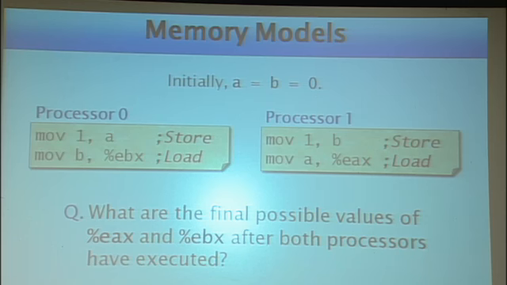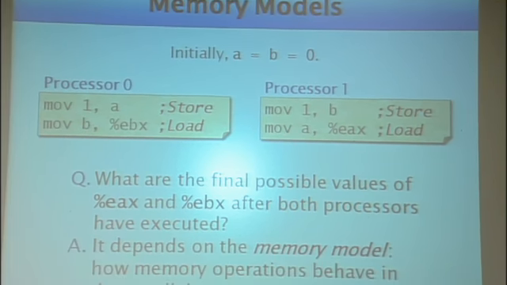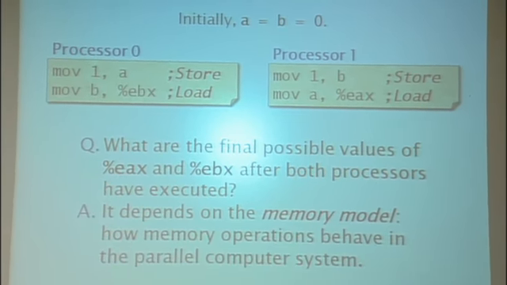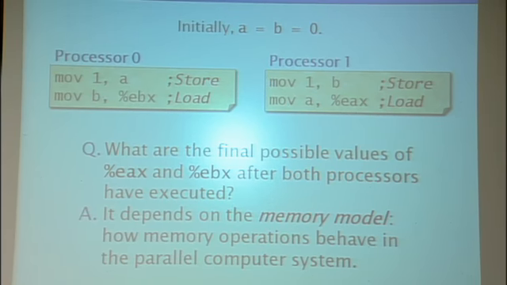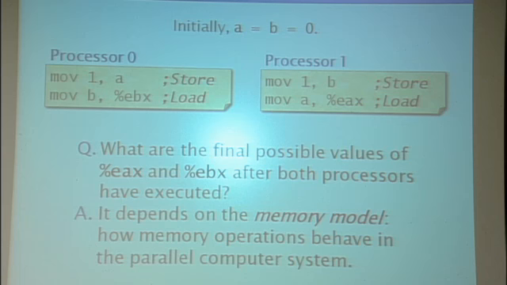Well, it turns out you can't answer this question for any particular machine without knowing the machine's memory model. It depends upon how memory operations behave in the parallel computer system. Different machines have different memory models and will give you different answers for this code. There'll be some answers that you get on some machines, and different answers on different machines.